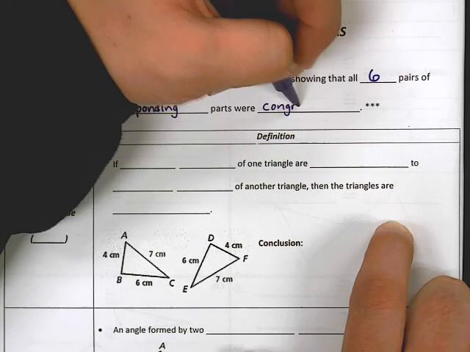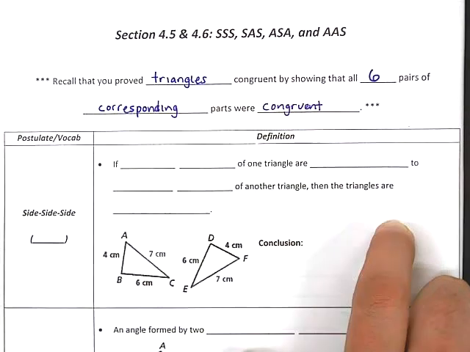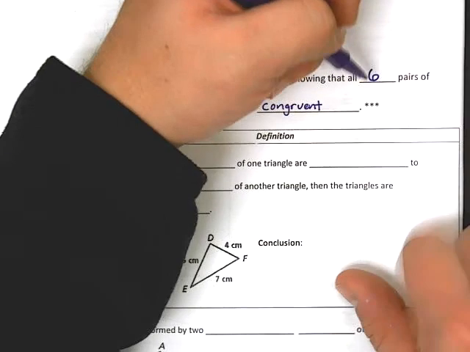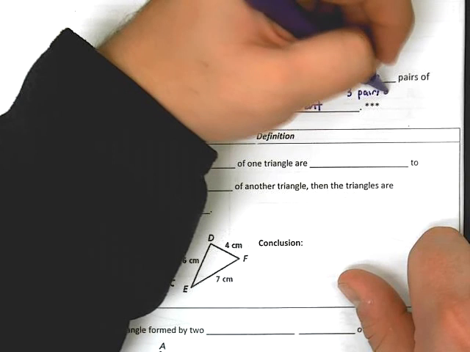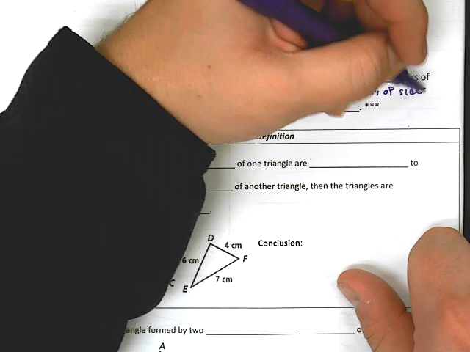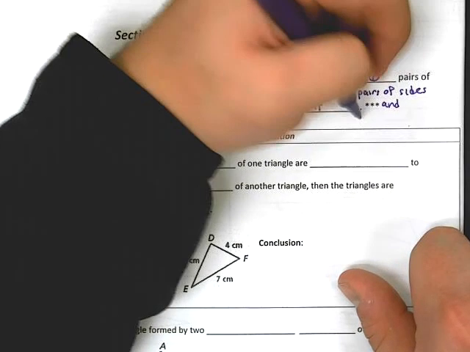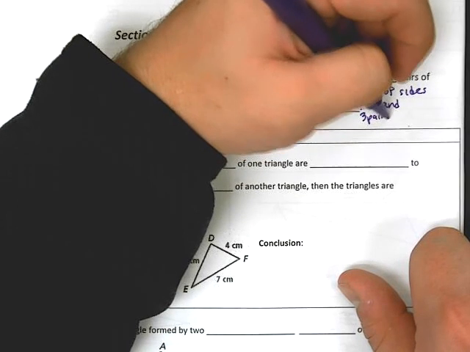Now real quick, just so you remember, when I say 6 pairs, there were 3 pairs of sides and 3 pairs of angles.